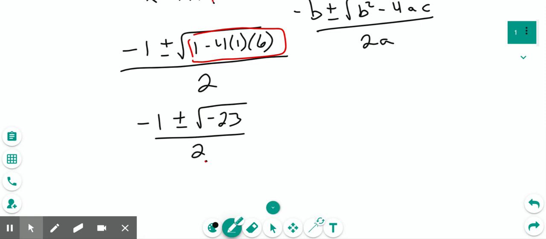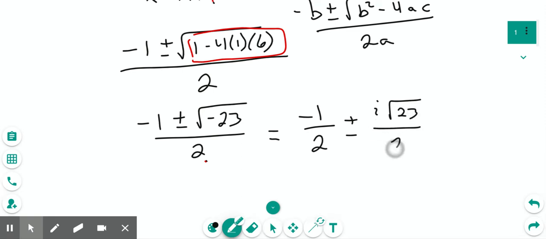And I can turn it into a complex number because I know that the square root of negative 23 is i times the square root of 23. So I'm going to separate these into two different fractions, and I'll pull the i out. So i times the square root of 23 over 2.